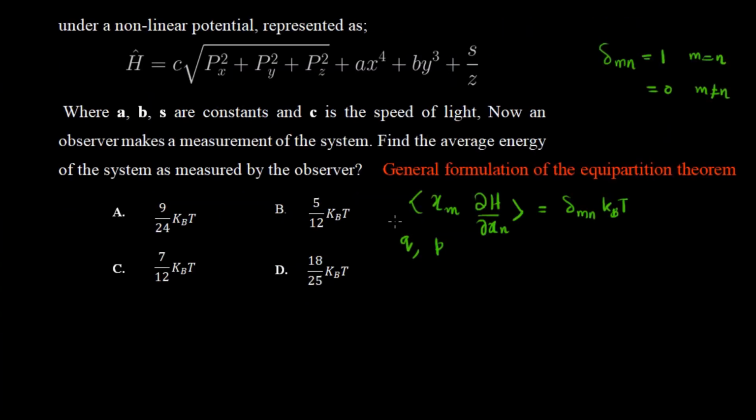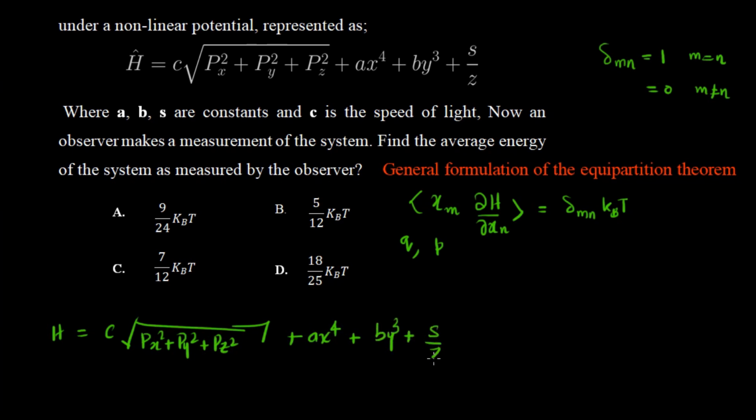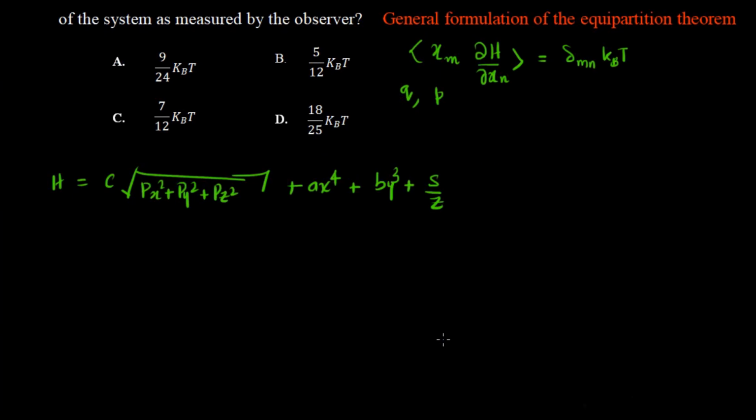So I'll write this Hamiltonian again here. H equals c times the square root of px squared plus py squared plus pz squared, plus a x to the 4 plus b y cubed plus s by z. First I'll do the part with the canonical coordinates x, y and z.